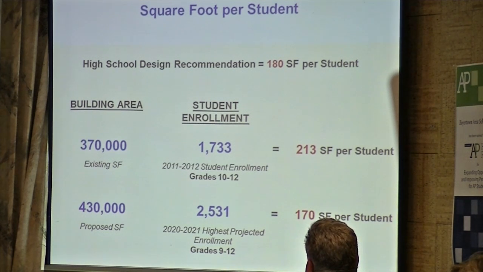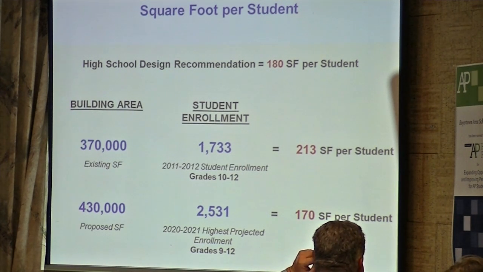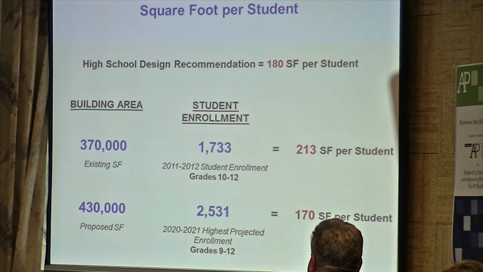For the project we planned, bringing ninth grade into the building, your highest enrollment projection 10 years into the future for 9th through 12th grade showed about 2,500 students. We're planning 430,000 square feet, and you can see that we're planning at about 170 square feet per student.